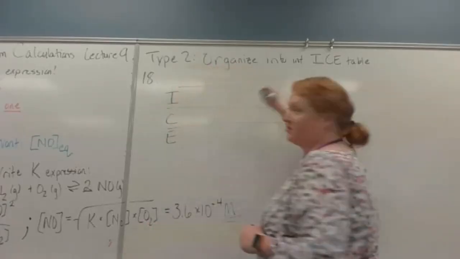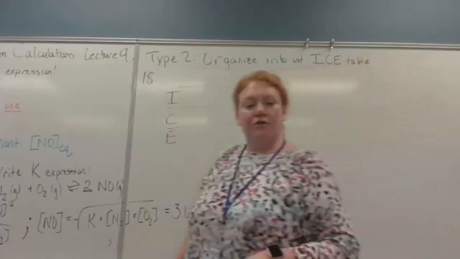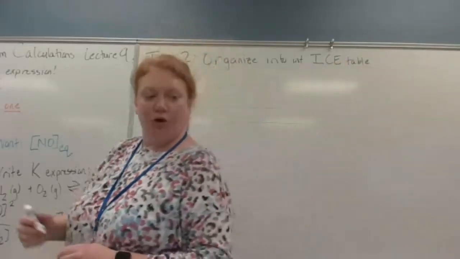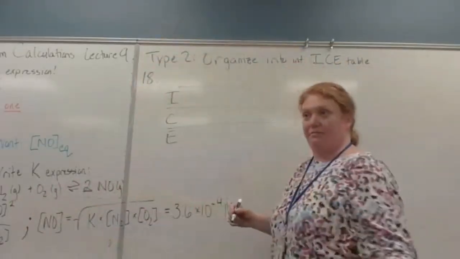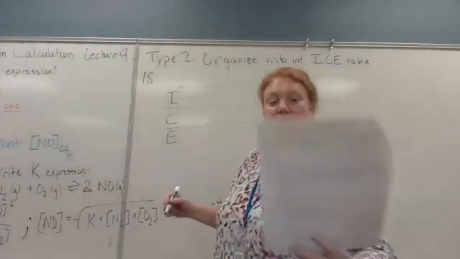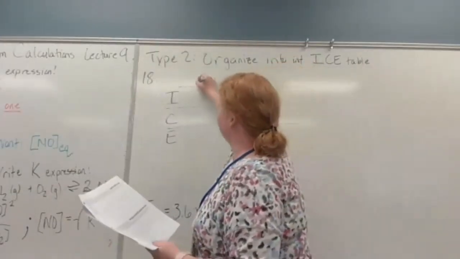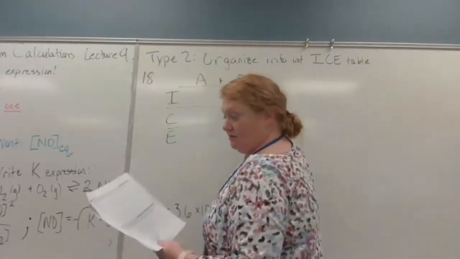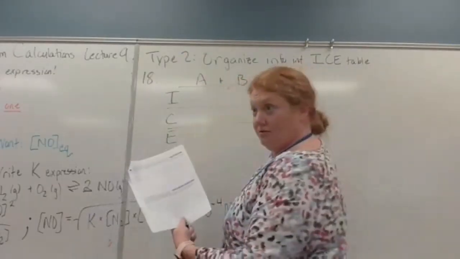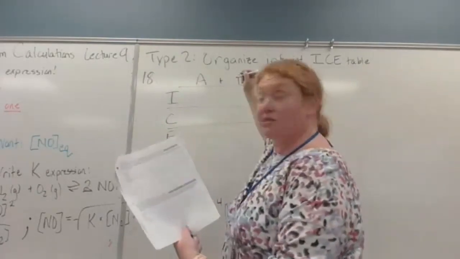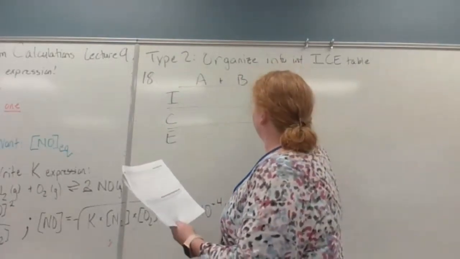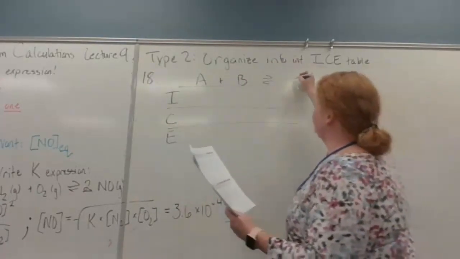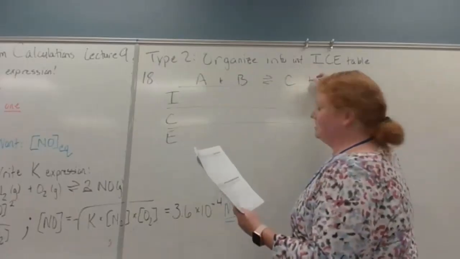Above the table, you write your reaction. What do you guys see there as a product? I'm going to be easy for myself, and I'm going to write these as A and B. I'm just going in the same order as these are. If you want to write A, B, C above them for yourself, that's fine. And then my equilibrium arrow is going to make C.